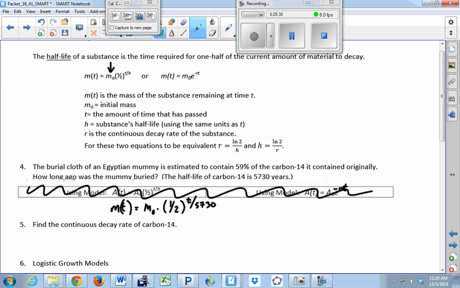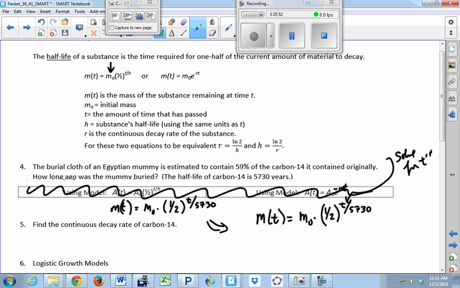Well, you still don't have the answer to your problem. You have to figure out how to use the remaining information in the problem to solve this equation. Right now, you have things you don't know in this equation. We're trying to solve for T, and you still have M sub naught and M of T that are unknown.